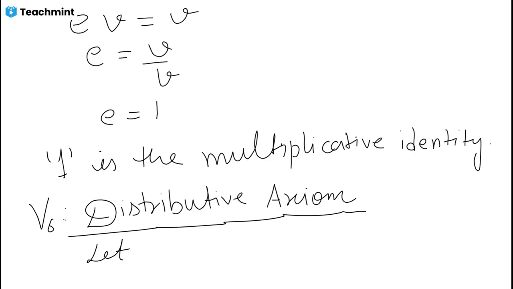Let u and v, two elements, belong to V, and a, b belong to the field.